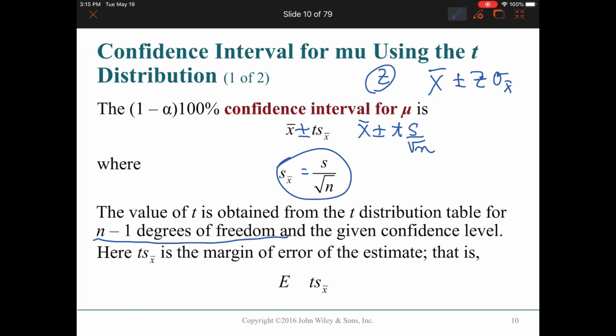Well, the value of t is obtained by the t distribution for n minus 1 degrees of freedom. Usually n is given, by the way, and you have to subtract 1. Don't use your calculator. Do it in your head. Anyway, t times s is the margin of error. And yes, E is, of course, just equal to t times s sub x bar.